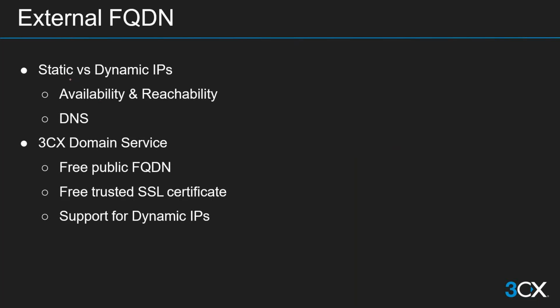Now, there is always the discussion of why run a system on static versus dynamic IPs. It comes down to availability and reachability, which in the end comes down again to DNS resolution. So think about a mobile phone or a street address or whatever, where people know you're reachable under that and they can call you there.